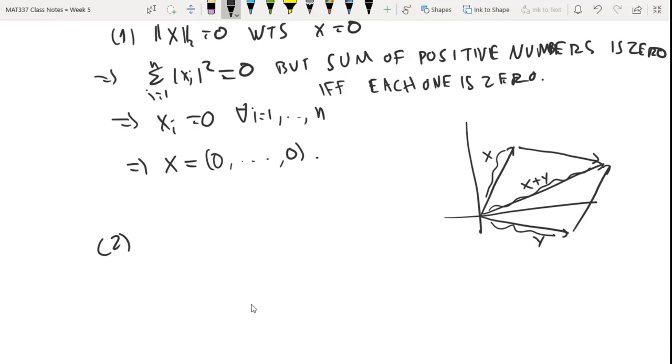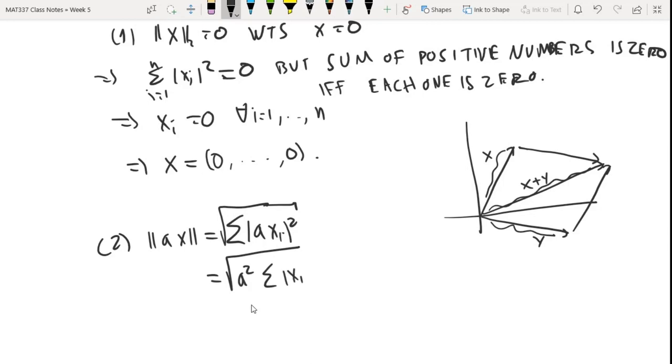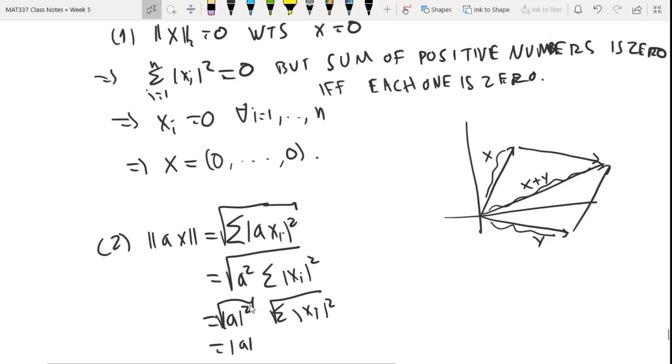Okay. Right. So then homogeneity, that's obvious. It just comes out. And then, by definition, when you take the square root, well, let me write it. So you have this, and so you get this.